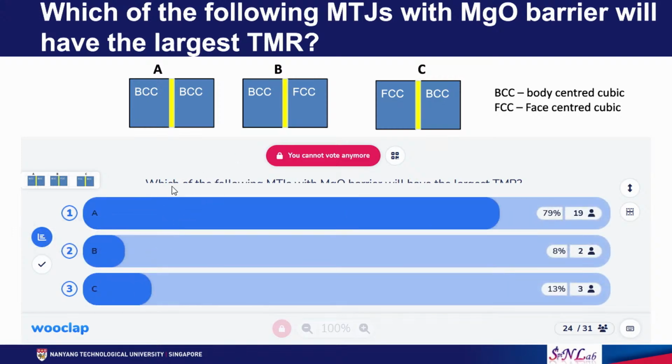Most of you are right, because you have listened to what I am talking about. I repeatedly mentioned, not once, maybe 3 or 5 times, that we need BCC structured materials for high TMR. Any FCC will kill the TMR. So, B and C have FCC, so B and C are not the correct answer, A is the correct answer.